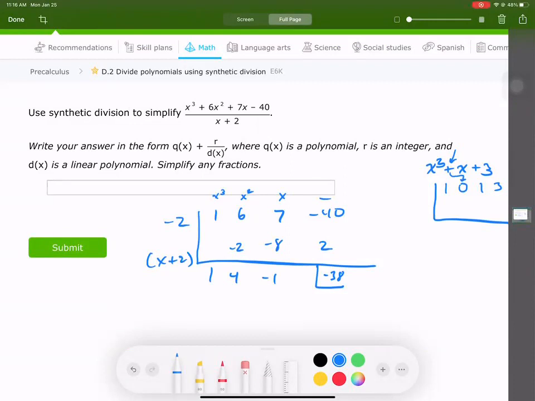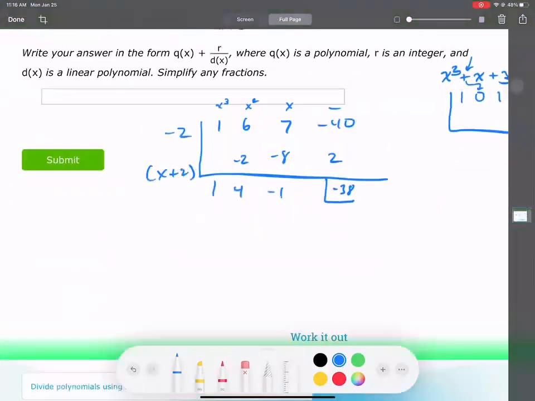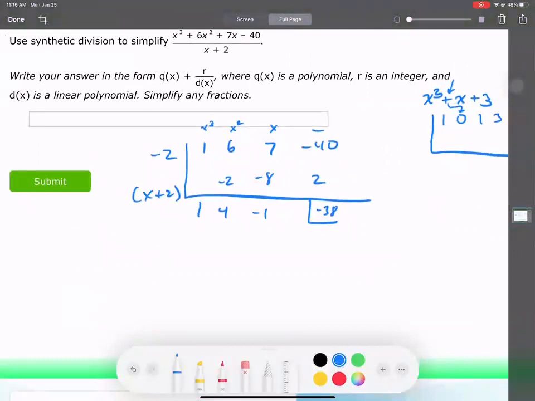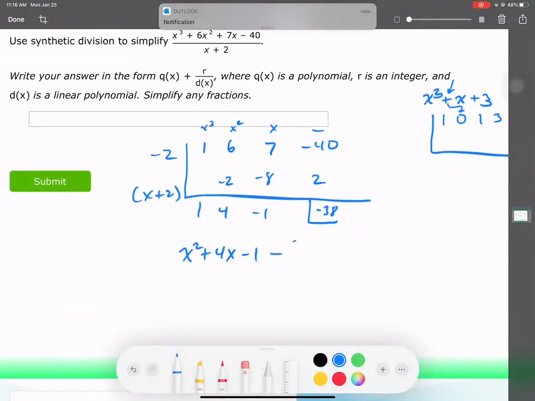Yep. Unfortunately, that's it. We have a remainder here. So we're going to write x squared plus 4x minus 1 plus, wait, that's a negative actually. So we're doing minus 38 over x plus 2. And that's our answer.